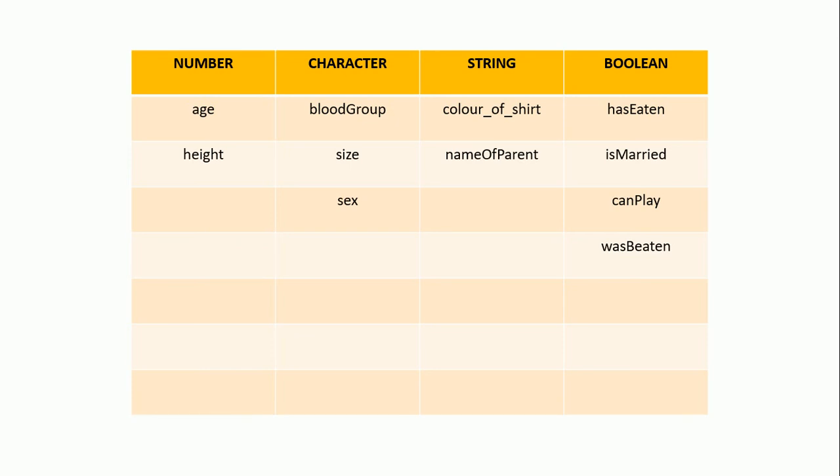So by putting the word true in that container, we are confirming the fact that the variable is taking one side, which is now saying has eaten. Is married is claiming whoever we are talking about is married. So by putting in true or false, we are confirming or denying.